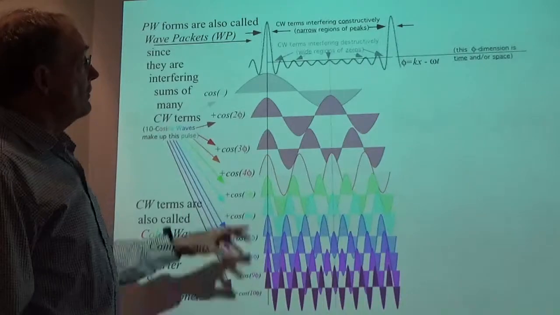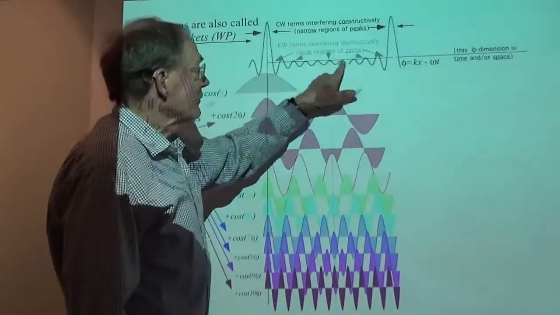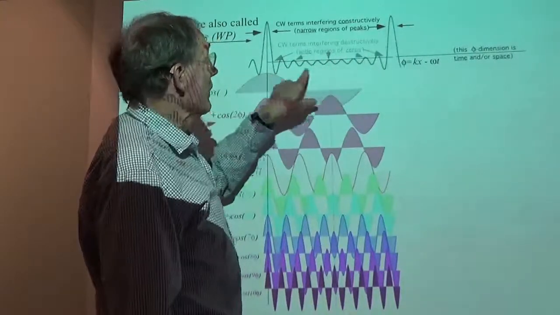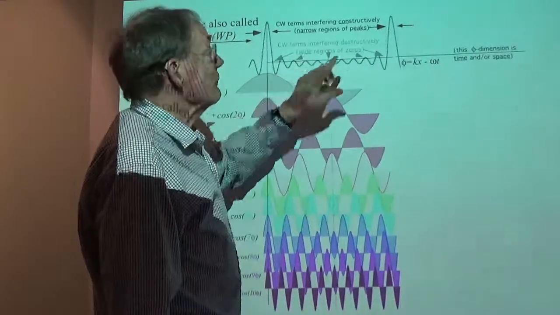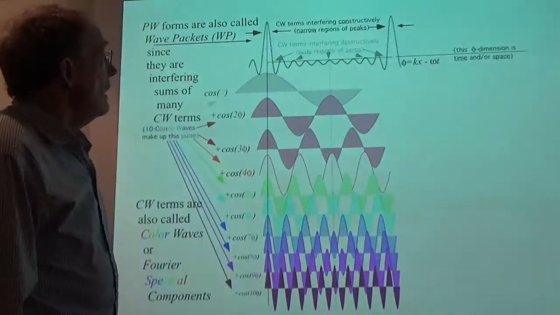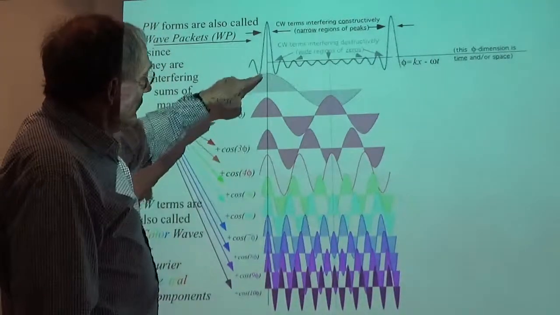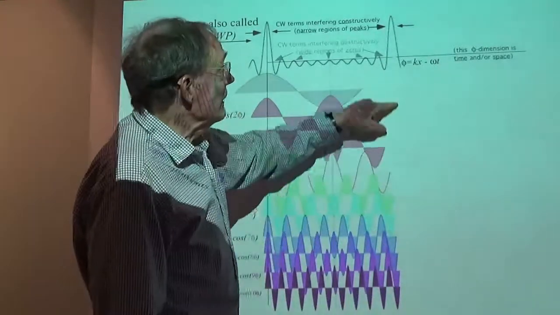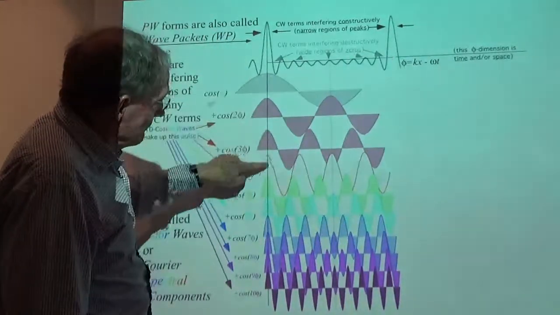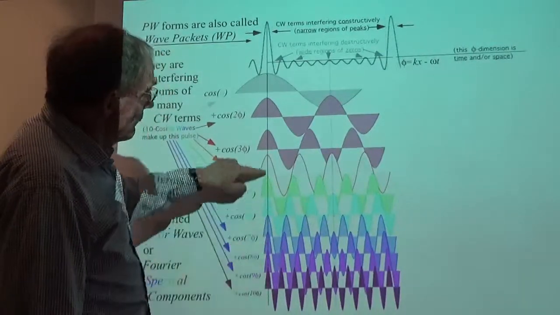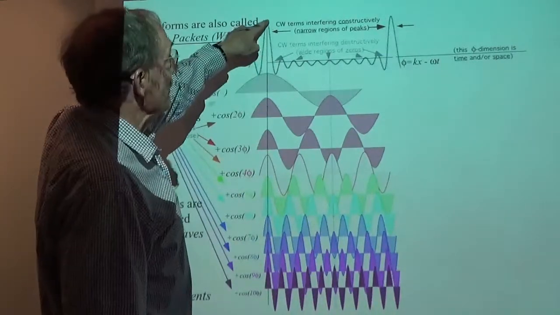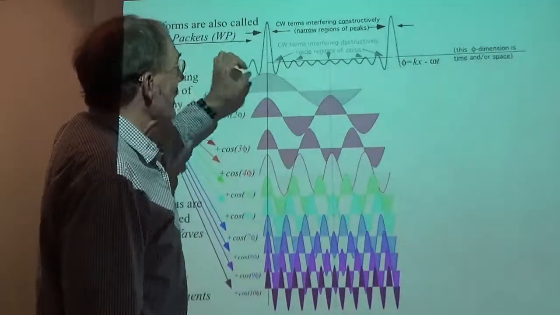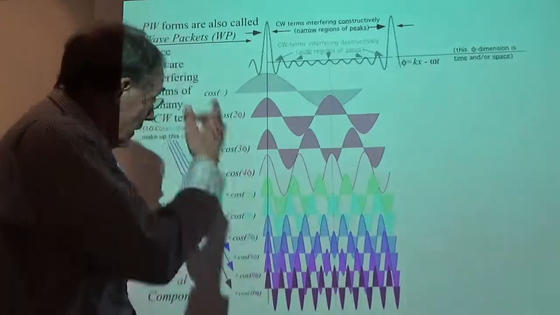So as I said, this one has mostly 0 in here, and certainly if I squared this, you wouldn't be able to see much in there. But it has a whole bunch of zeros. We have to talk about that later. But in one place here, and then again at 2 pi later, they all add up to constructively interfere to give a maximum that's roughly 10 times higher than the next thing here.